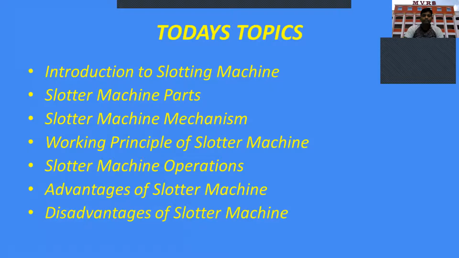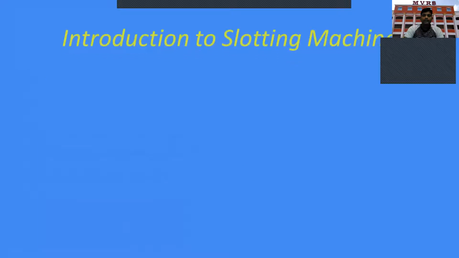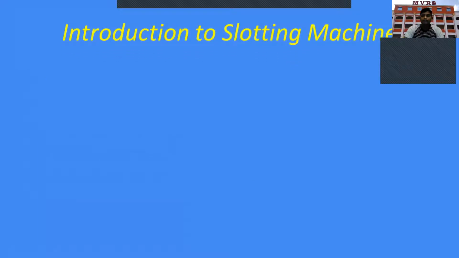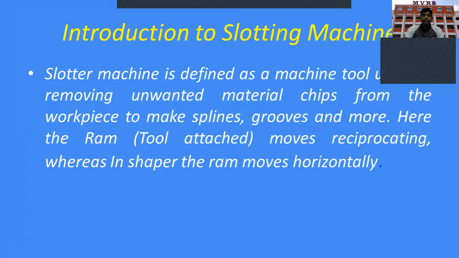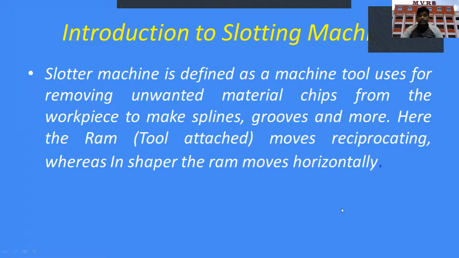Okay, so first topic, introduction to the slotting machine. So what is a slotting machine? As we have already discussed in the previous class about the shaper machine, now we are going to discuss the slotting machine. Let us recollect what we discussed about the shaper machine.